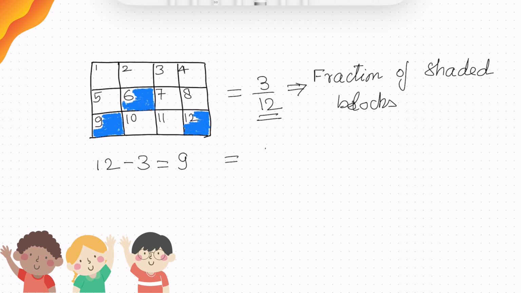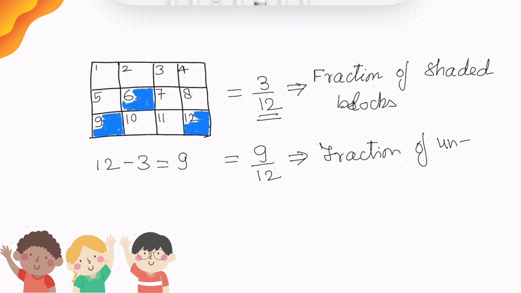So the fraction of unshaded blocks will be 9 by 12. Okay, good.